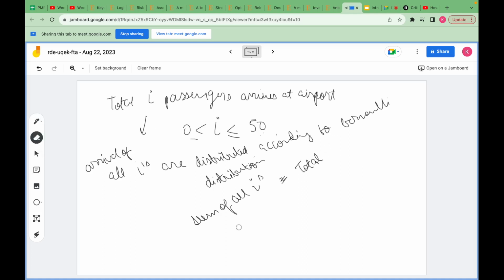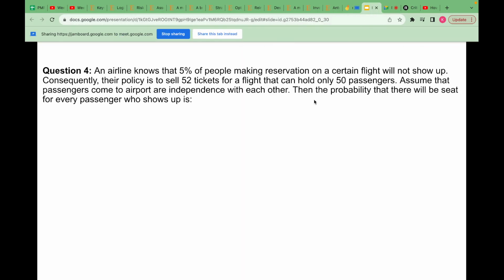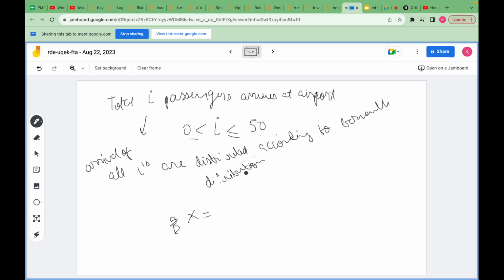So now let x represent I, the number of passengers who arrive at the airport.